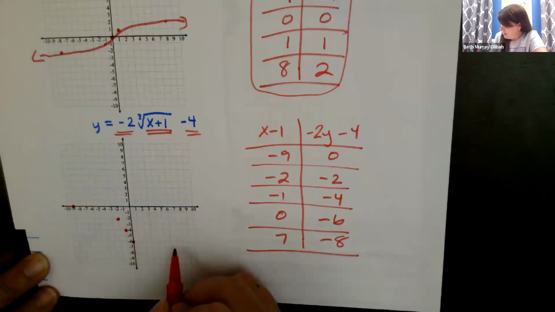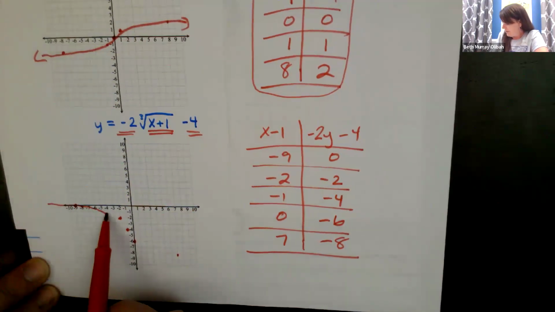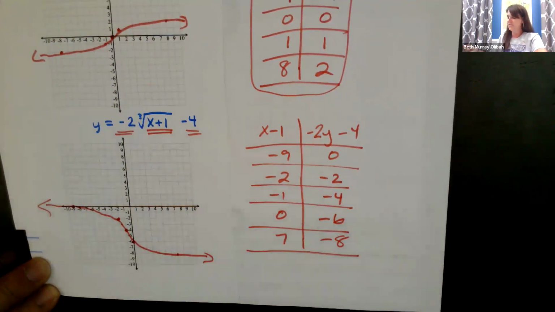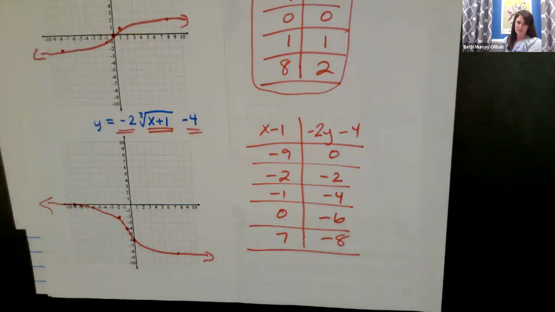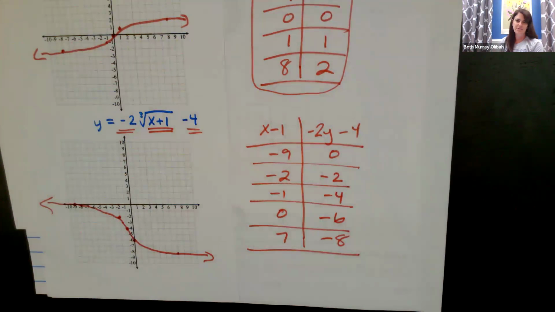And 7, -8. So it is a sideways S that has flipped. And because of that 2 out front, it has stretched out some. So it is a wider S, and it has flipped directions because of the negative.